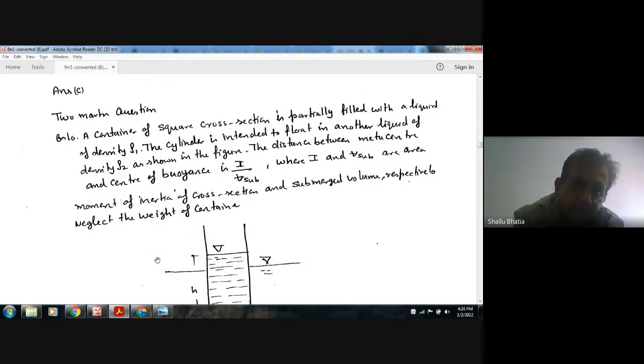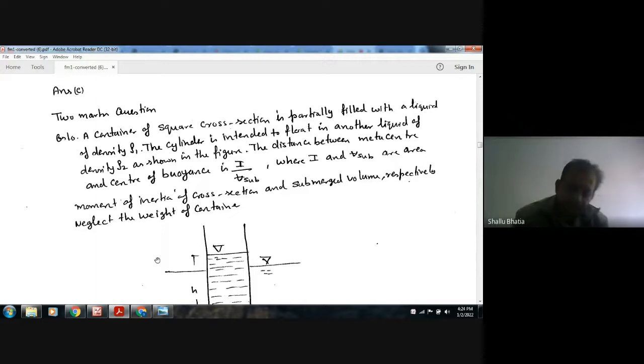Next, the question. A container of square cross section is partially filled with a liquid of density rho 1. The cylinder is intended to float in another liquid of density rho 2 as shown in figure. The distance between metacenter and center of buoyancy is I by V sub, okay submerged, where I and V sub are the area moment of inertia of cross section and submerged volume, respectively.